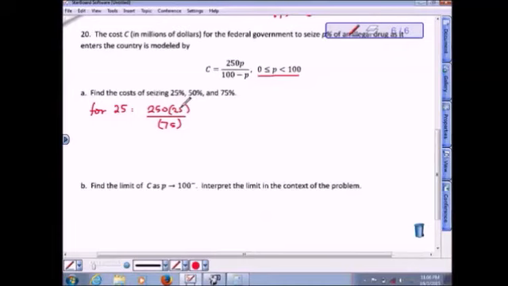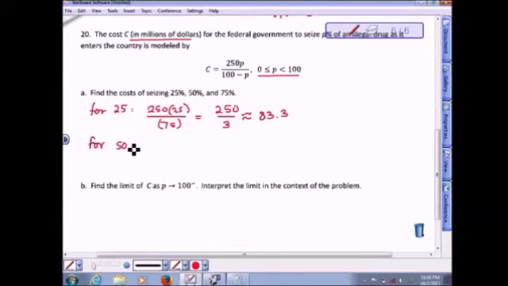If you take a look at this, 25 over 75, there's just 1 over 3. So this is 250 thirds, which is roughly 83, I think it's 83.3. Keep in mind this is in millions of dollars, so if they want to seize 25% of this illegal drug, it's going to cost them a little more than $83 million.